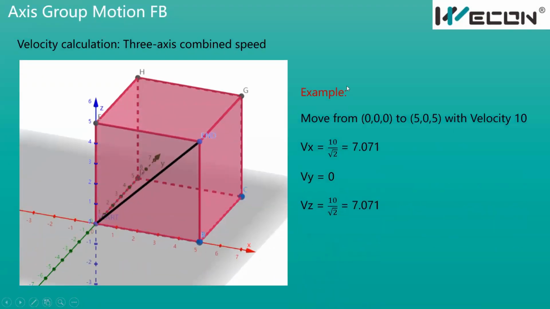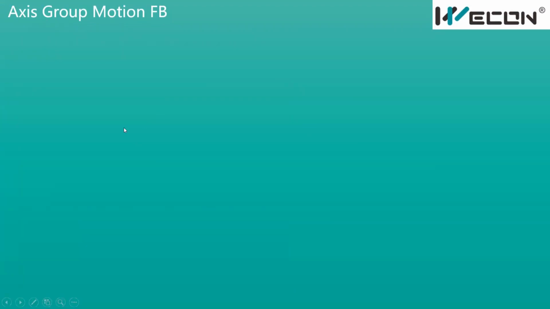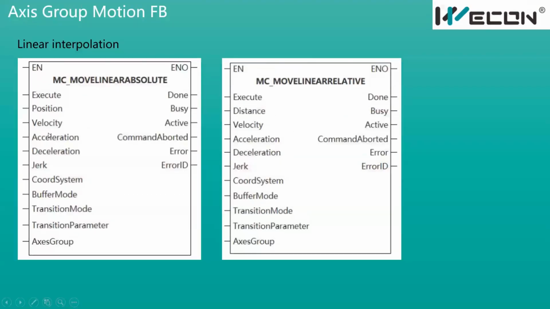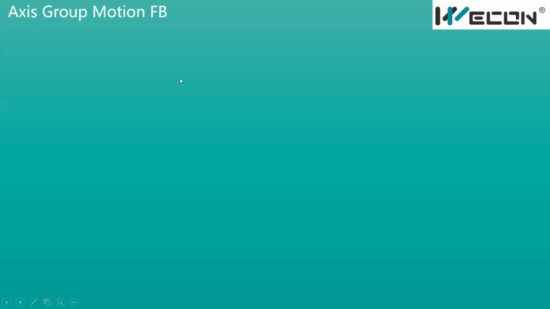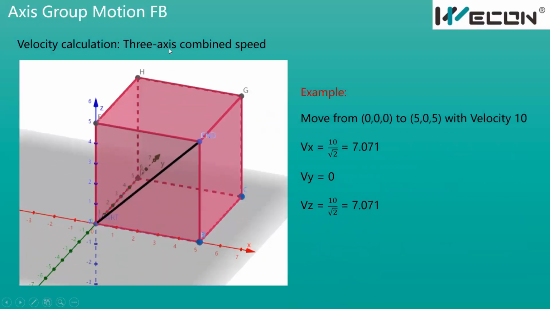And here, for the velocity calculation, the velocity we input in function block is the 3-axis combined speed. How to say with this example?